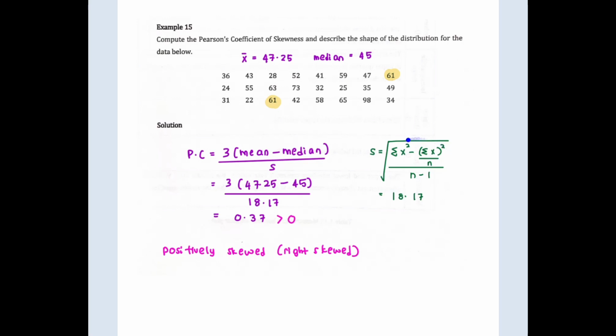After you plug in all the values, your standard deviation will be 18.17. And then just substitute into the PC formula, your answer is 0.37. So the question asks, describe the shape of the distribution. This value is more than 0, meaning that you are having positively skewed data or right skewed.